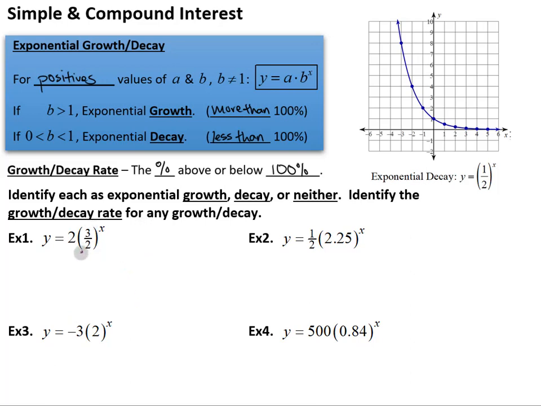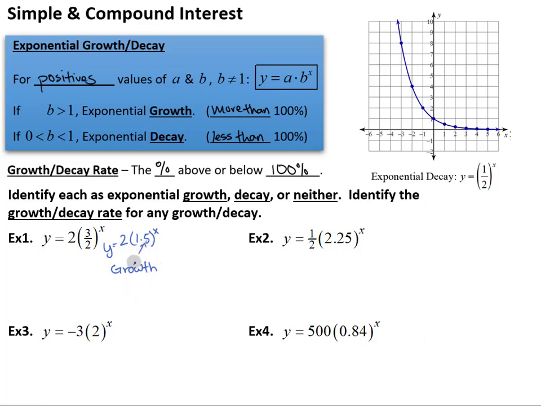That means we definitely have either growth or decay here. To figure out which, we need to look at the base. Is that greater than 1 or less than 1? Well, we can do the division. 3/2 is the same as 1.5. So that is greater than 1, which means we have exponential growth. Now I know I'm growing.